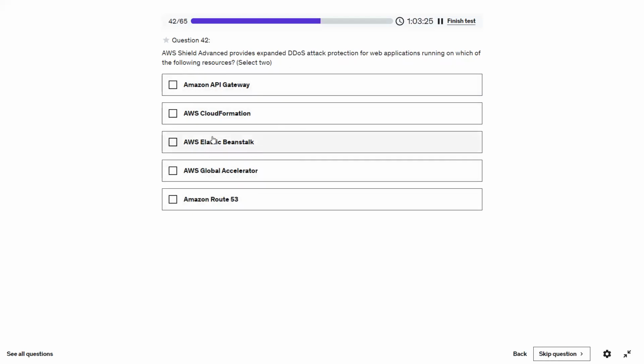Beanstalk is a fully end-to-end service to deploy a web application, so they have everything. This is not required. API Gateway is a gateway interface. We want to use one API, but we want a common endpoint, so if we do a GET request, it will go there, and if we do a POST, it will go there. So that is wrong. And CloudFormation is just a template. So the remaining two options are Route 53 and Global Accelerator.